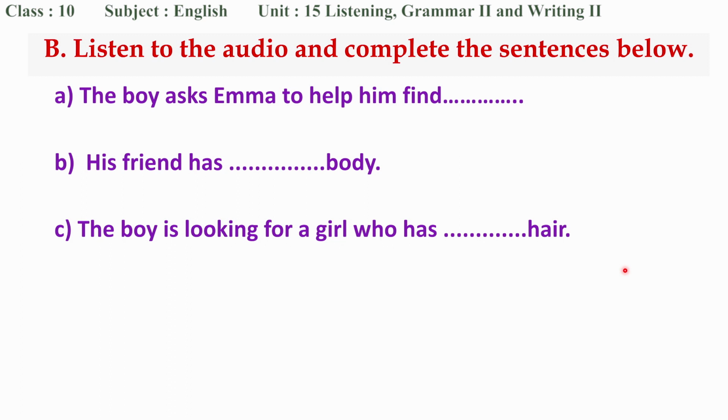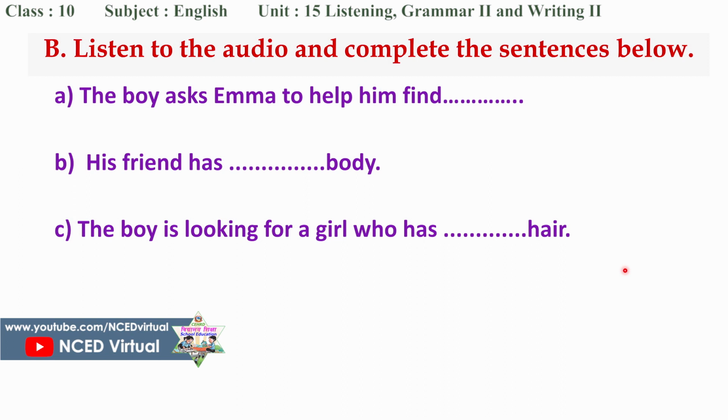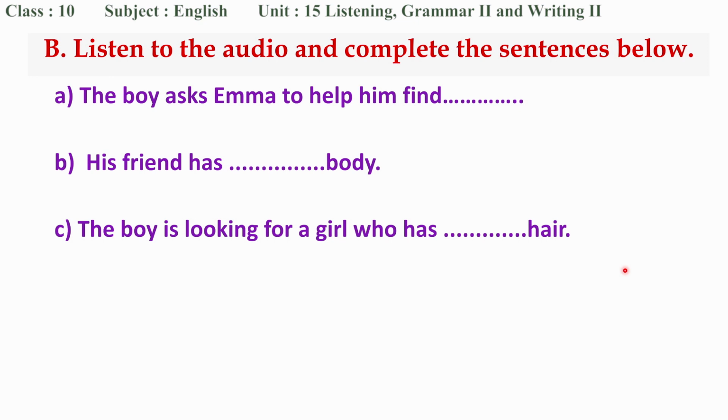Hey Emma, I can't find my friend. Don't worry. What does she look like? She's thin and tall. Anything else? Eyes? Hair? Her eyes are brown. She has long pink curly hair. Her face is very beautiful. Do you know what kind of clothes she's wearing today?